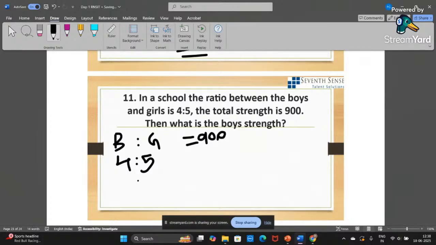So in this case, what you have to do, you have to add your ratio. 4 plus 5 is 9.